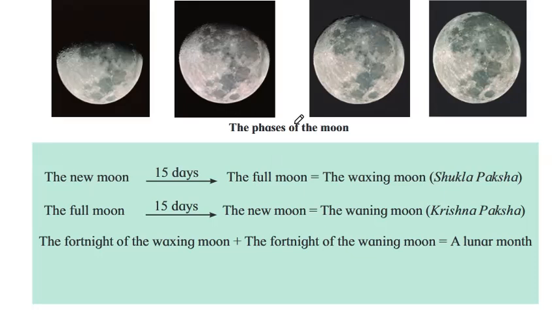The phases of the moon: new moon to full moon, 15 days, is the waxing moon. Full moon to new moon, 15 days, is the waning moon. The fortnight of the waxing moon plus the fortnight of the waning moon is equal to a lunar month.